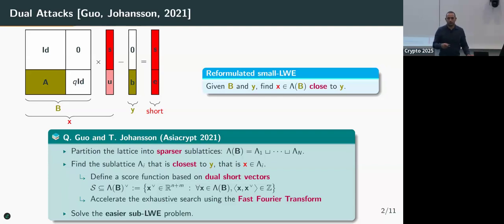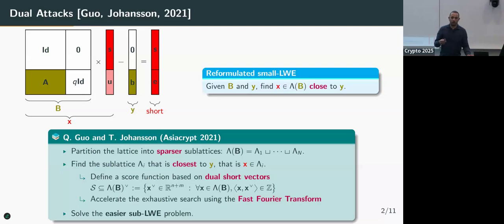And so the Guo and Johansson algorithm proceeds as follows. First they partition the lattice into sparser lattices, sublattices, which we denote lambda 1 to lambda n. The algorithm tries to find the sublattice lambda i that is closest to Y, and that probably contains the vector X. To do that, they define a score function based on dual short vectors, a set S of short vectors in the dual of the lattice generated by B. This score function has the property that for the wanted lambda i, the score is maximum.